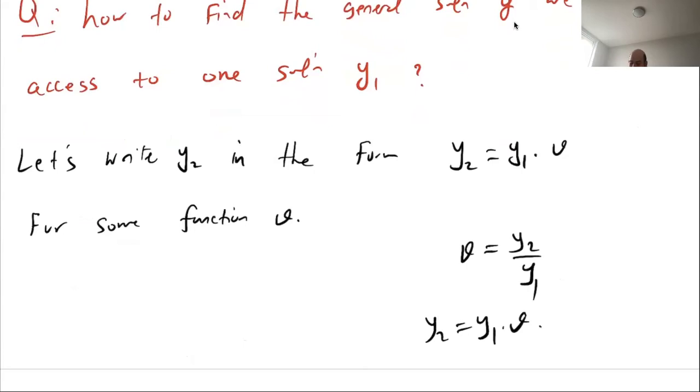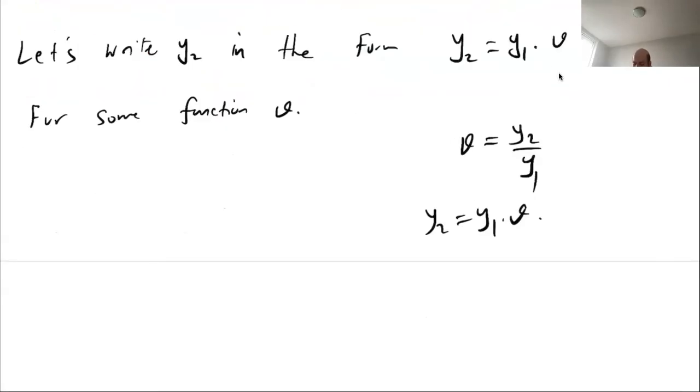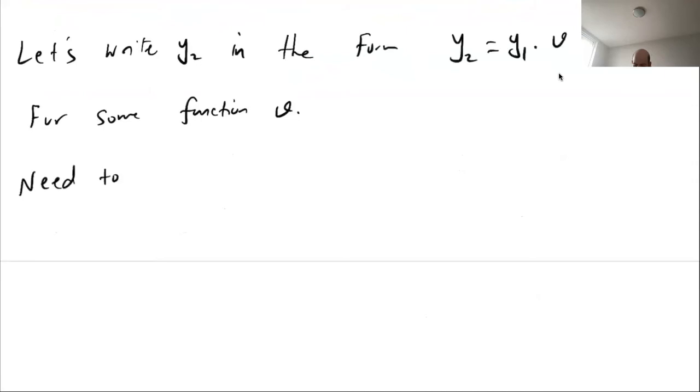So as long as y1 is not the zero function, we can always write y2, that second solution that we want to find, as y2 equals y1 times v. So basically the goal here is to find v in order to find y2.